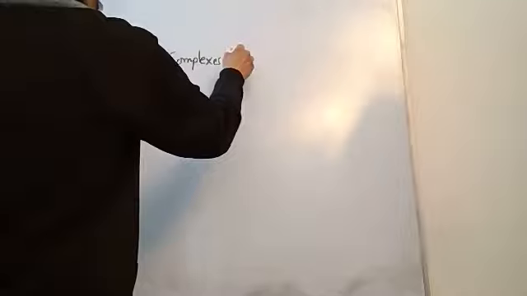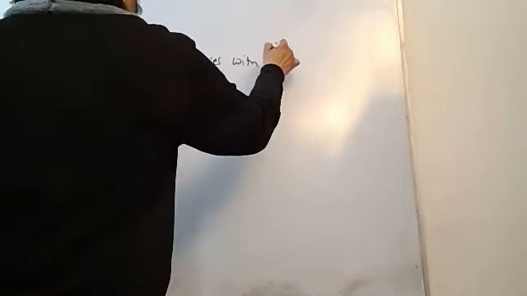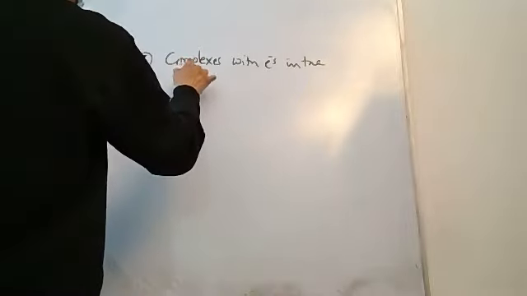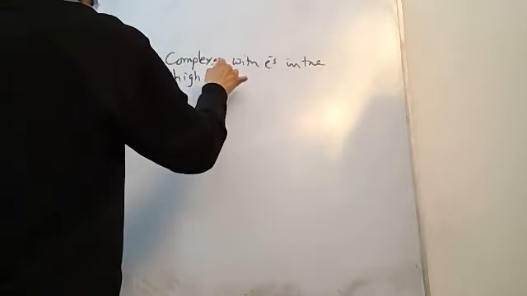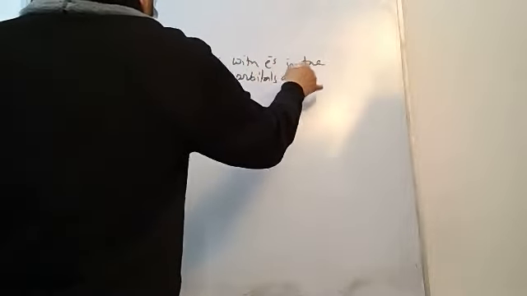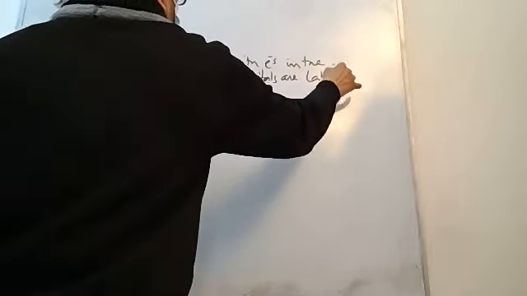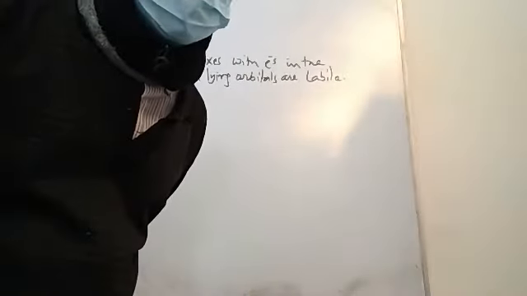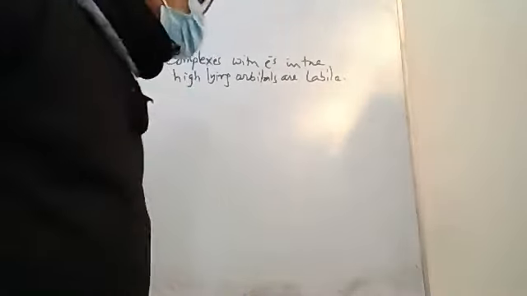Rule number 2 tells us complexes with electrons in the high-lying orbitals are labile. What does this tell me?